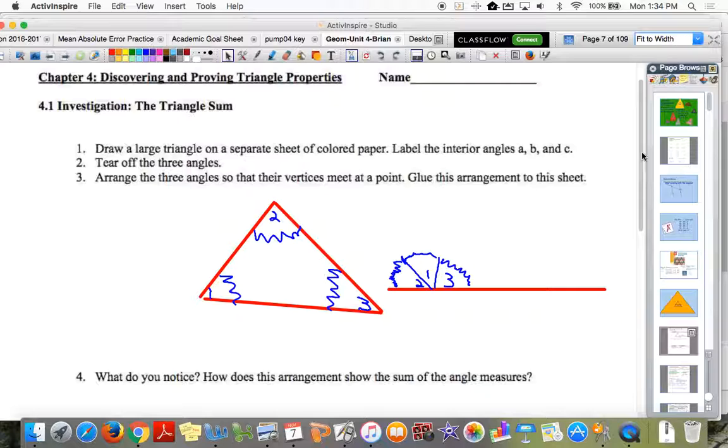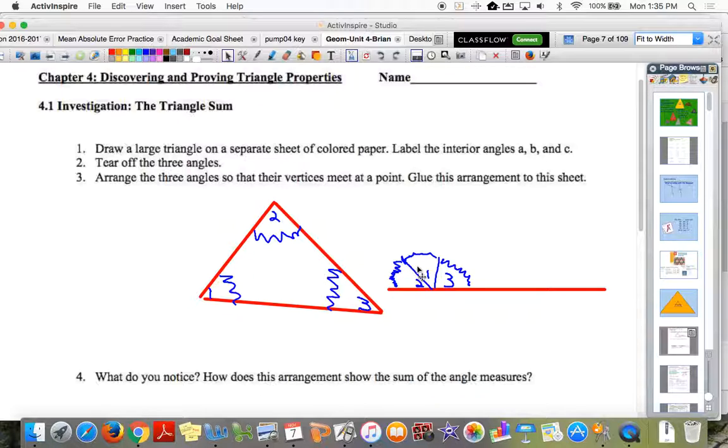So if you can imagine, we would be cutting out a triangle, whatever triangle you wanted, and then we would tear off each one of the angles in the triangle and jigsaw them together. Let's call this angle 1, this angle 2, and this angle 3. We then put them over on the side here and jigsawed those together.